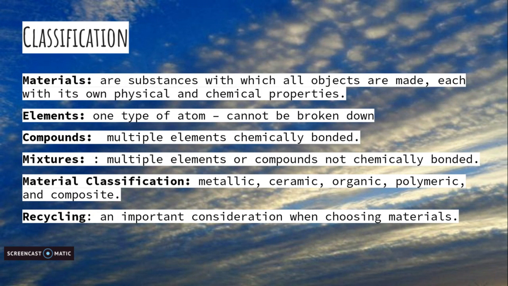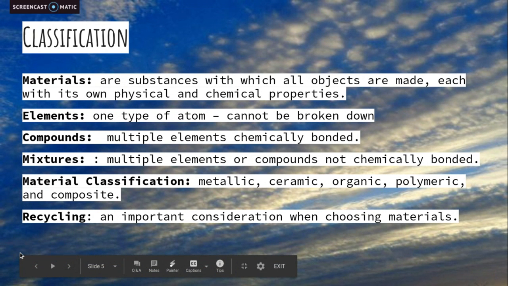So, material classification: materials can be metallic, ceramic, organic, polymeric, sorry if I pronounced that wrong, and composite. Those are different ones that there can be. And recycling, well, you know what that is. That's an important consideration when choosing materials. Sometimes recycling's the good decision, so you want to be able to recycle them.